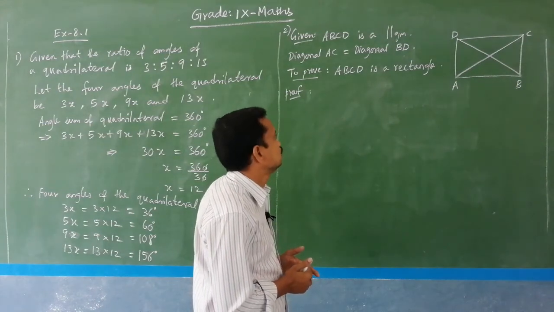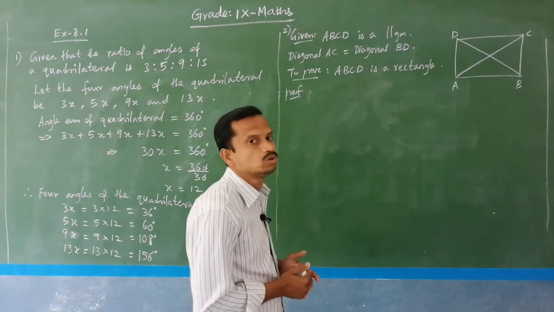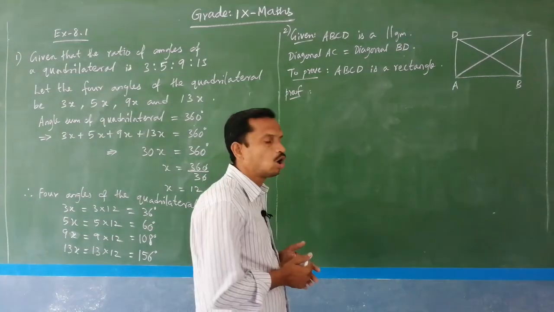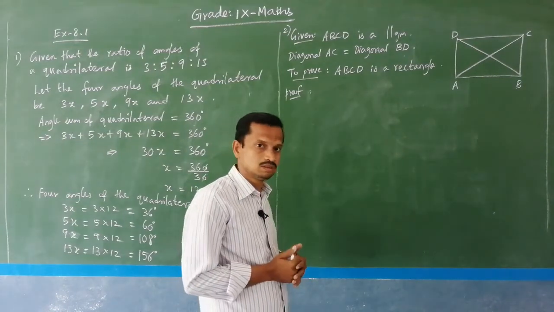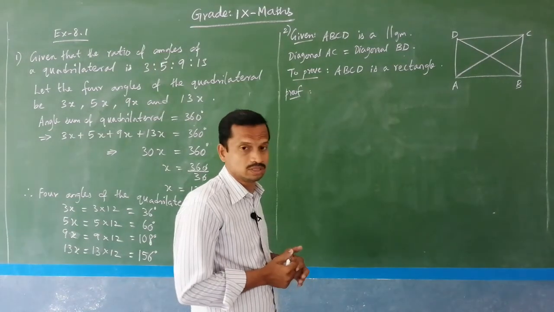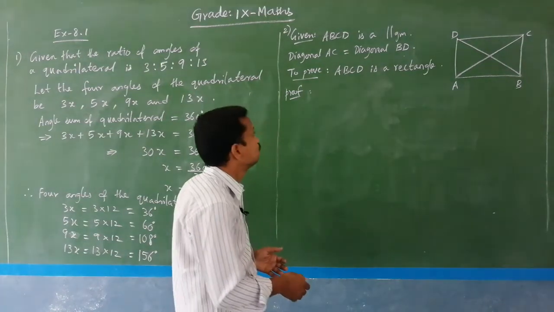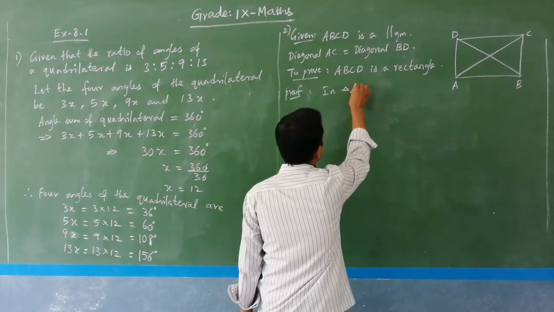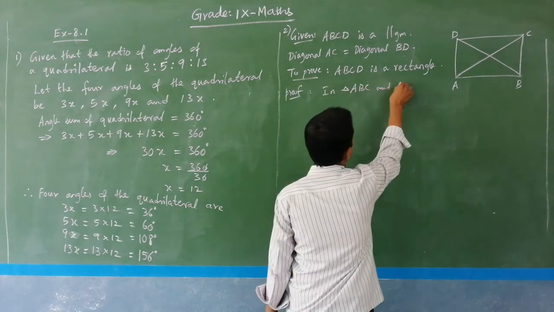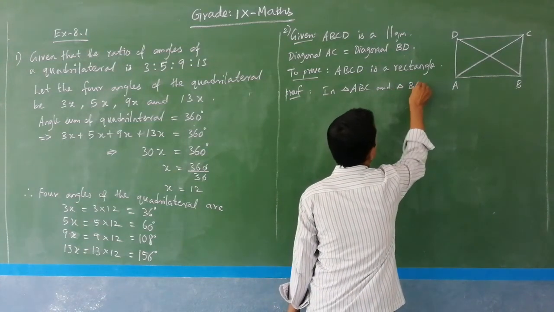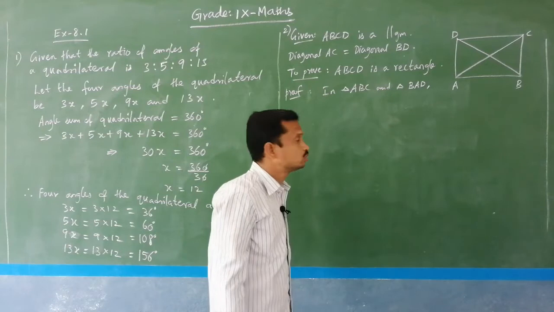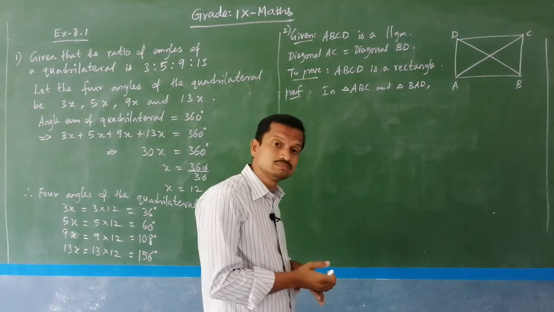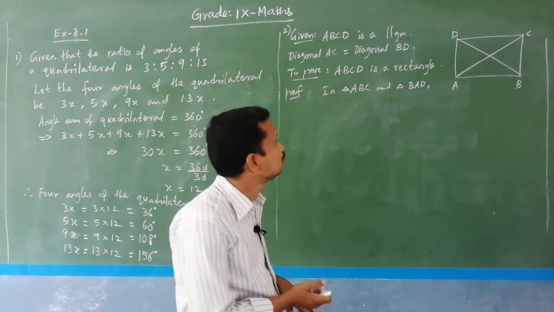I am taking the 2 triangles ABC and BAD, and I am going to say they are congruent. So, after that we can get the required things. You see how. So, in triangle ABC and triangle BAD, first of all, ABCD is a parallelogram, that means opposite sides are parallel and equal, that you know.